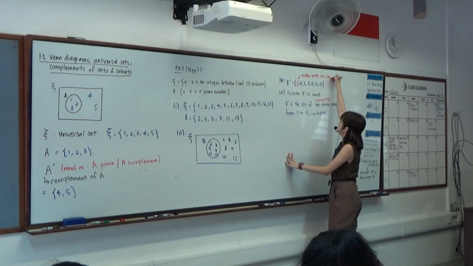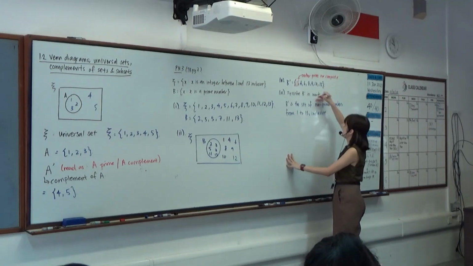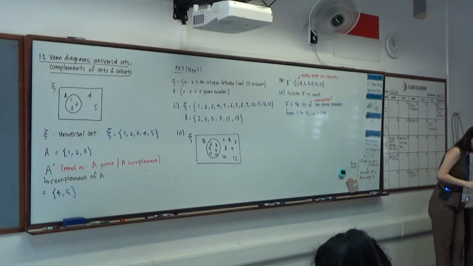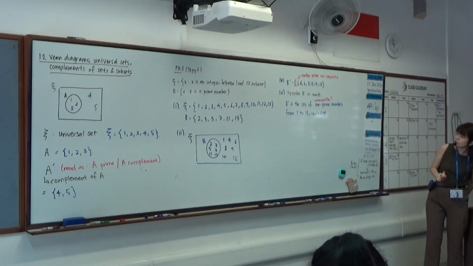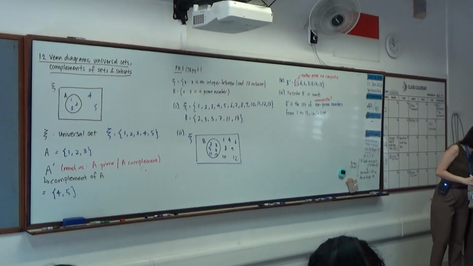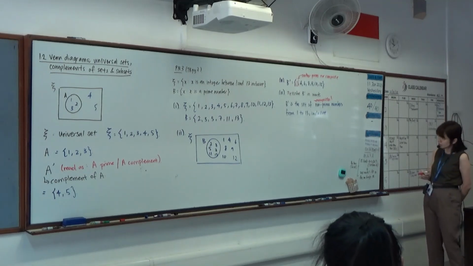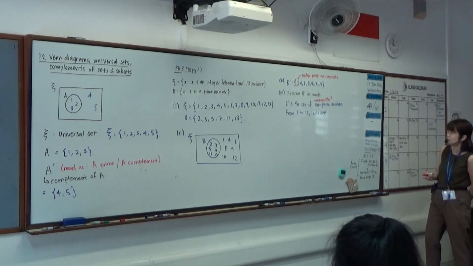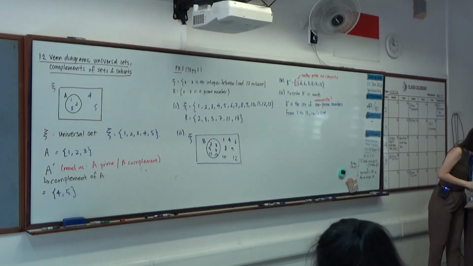So therefore, in this case, I cannot use the word composite. So I think that what Eugene has given us is sufficient to describe what are the things inside B prime. So they are the set of non-prime numbers.